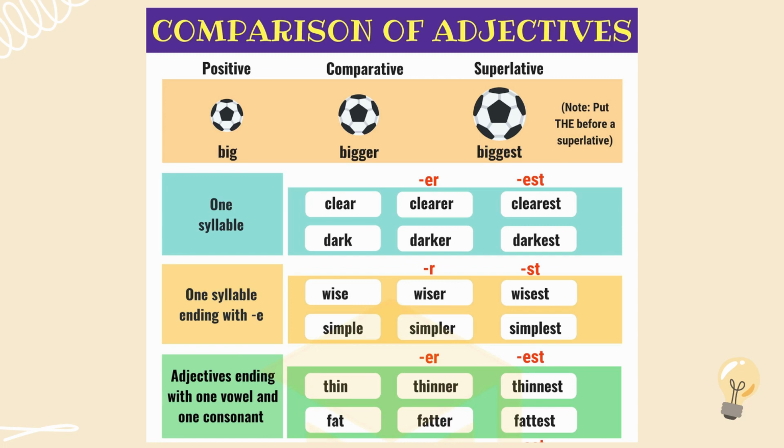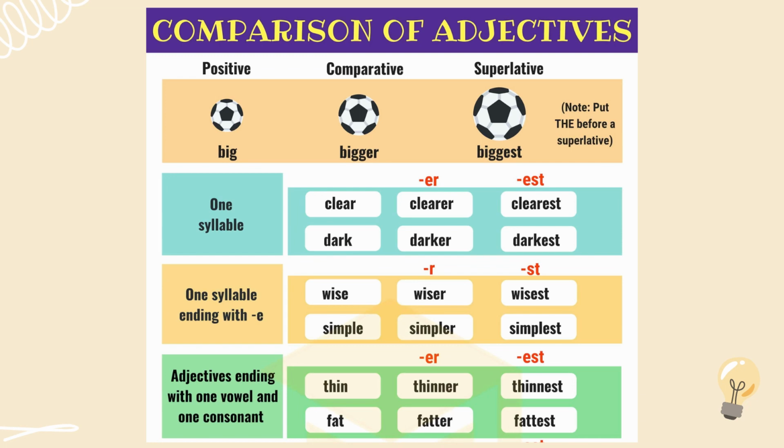For adjectives with one syllable, for example, clear, clearer, clearest. For a comparative adjective, you need to add -er, and for a superlative adjective, you need to add -est. Dark, darker, darkest.